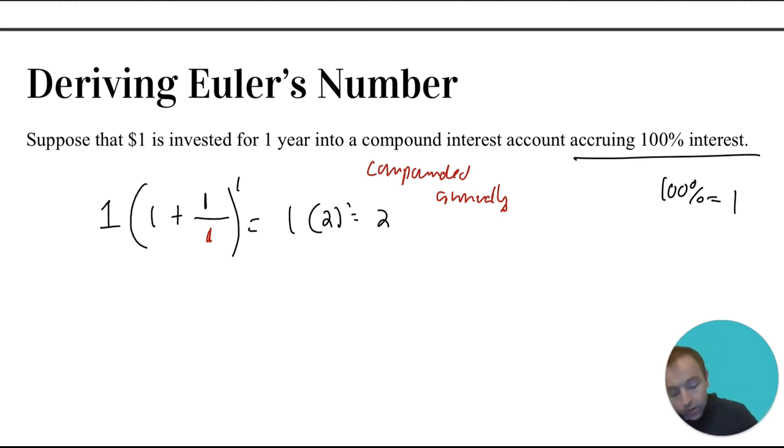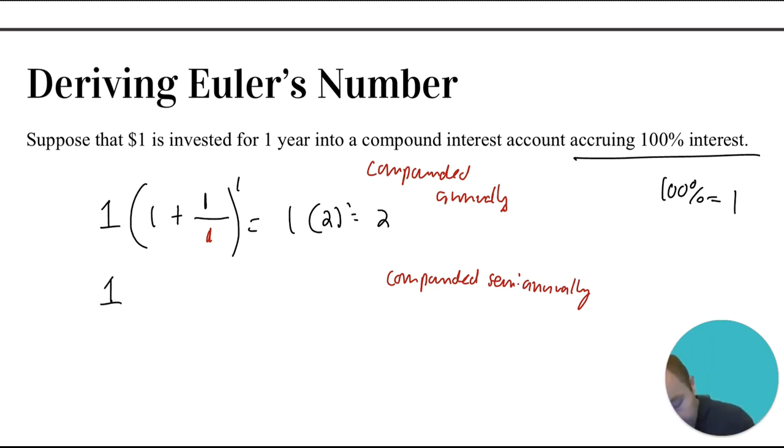Now, what we can actually do is add interest into your account more frequently than annually. Banks do that with your savings or checking accounts. They'll usually add interest monthly or whatever. So maybe if we were to compound semi-annually, that would mean you would add interest into your account twice per year.